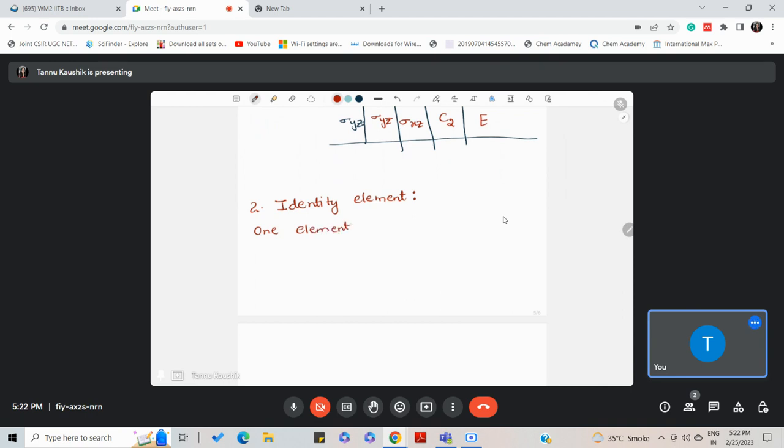Clearly writing it: one element in the group must commute with all other elements, leaving them unchanged.